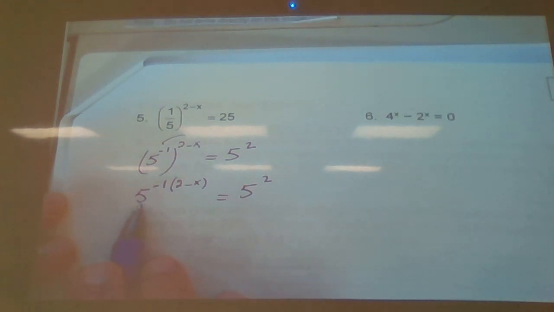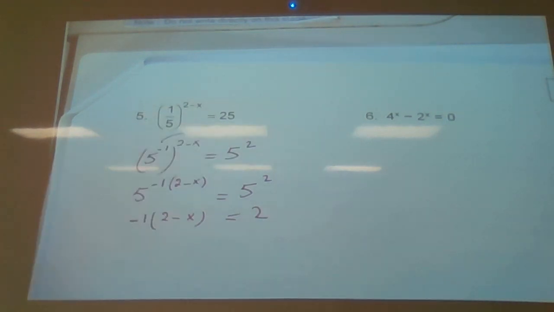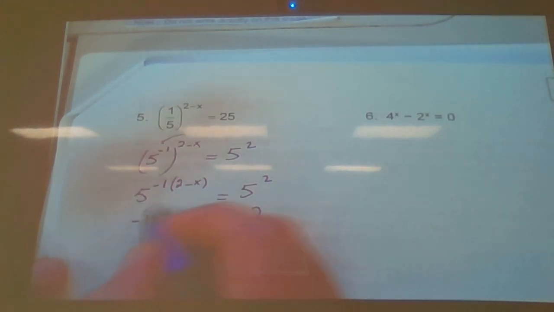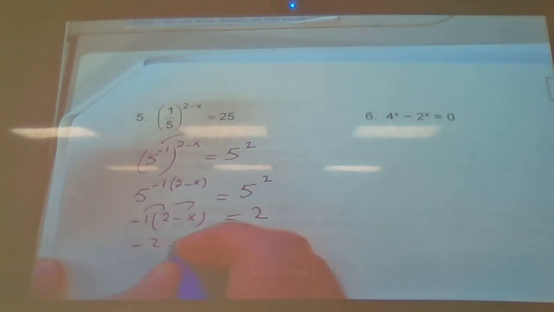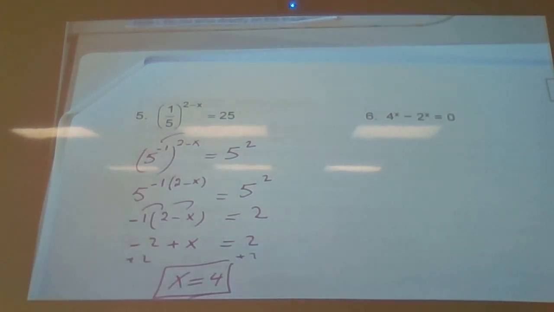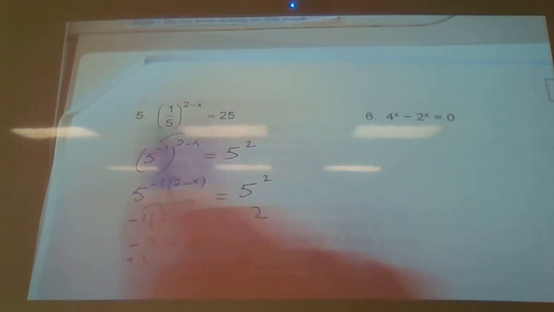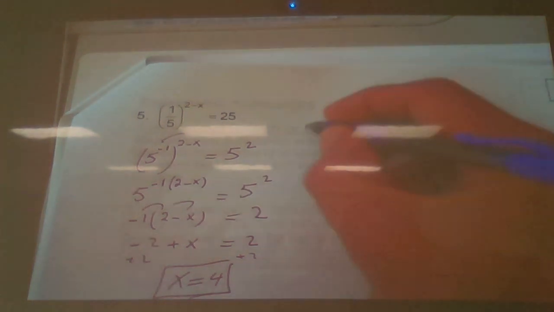We fix the base as 5, equal sign. That tells me this power is equal to this power. Multiply through by the negative. That's a negative 2 plus x is equal to 2. Add this 2 over. The answer is x equal 4. And by the way, you can check all your answers by plugging in your answer where x is, and you should get the same answer on both sides.